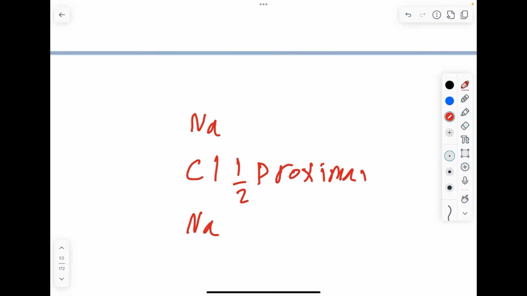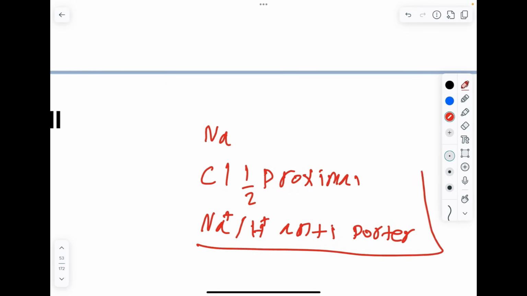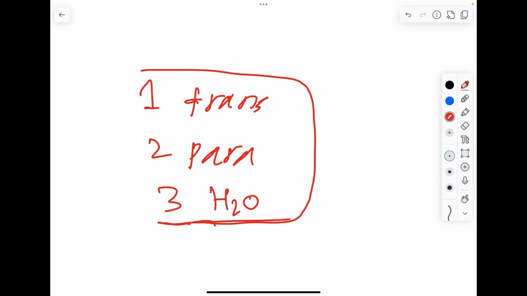We have an Na, this is the third note, NaH plus antiporter all over the nephron except for the last part, which is the late distal tubule and the collecting duct.